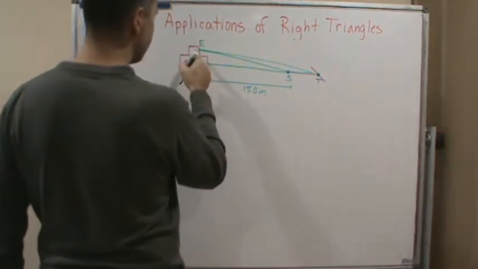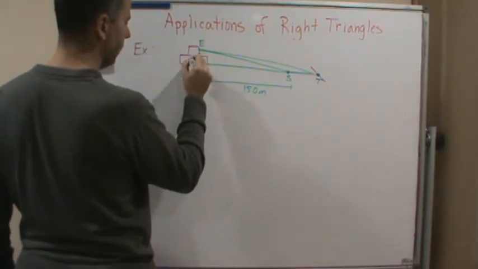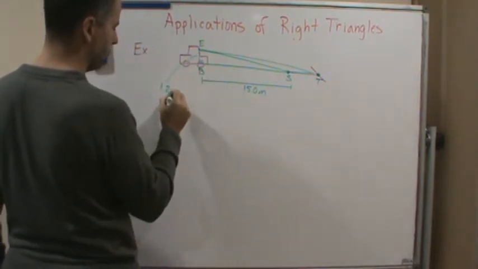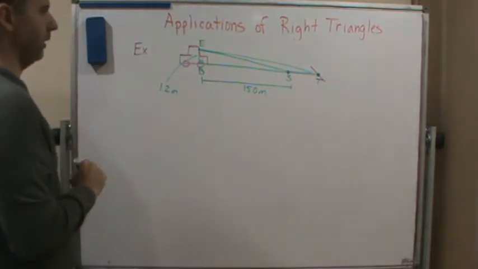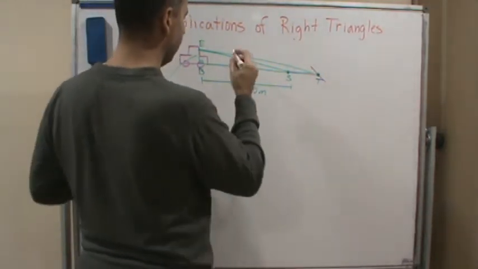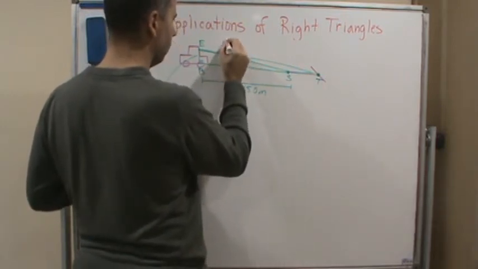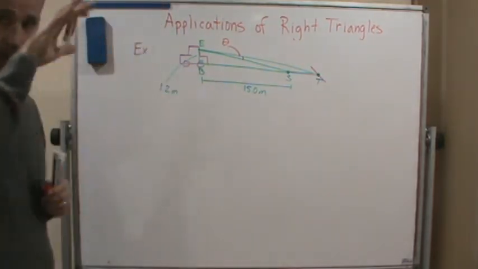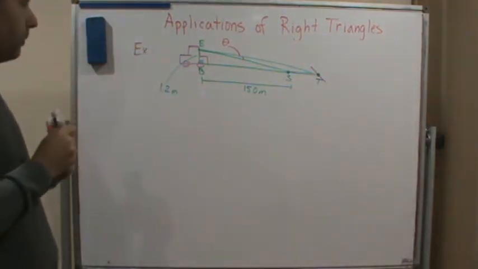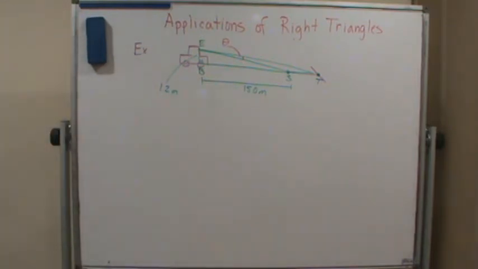And the distance from my eyes to the ground is 1.2 meters. The angle that I want to find is this angle, the angle of my eyes from the horizontal. This is the information I have.